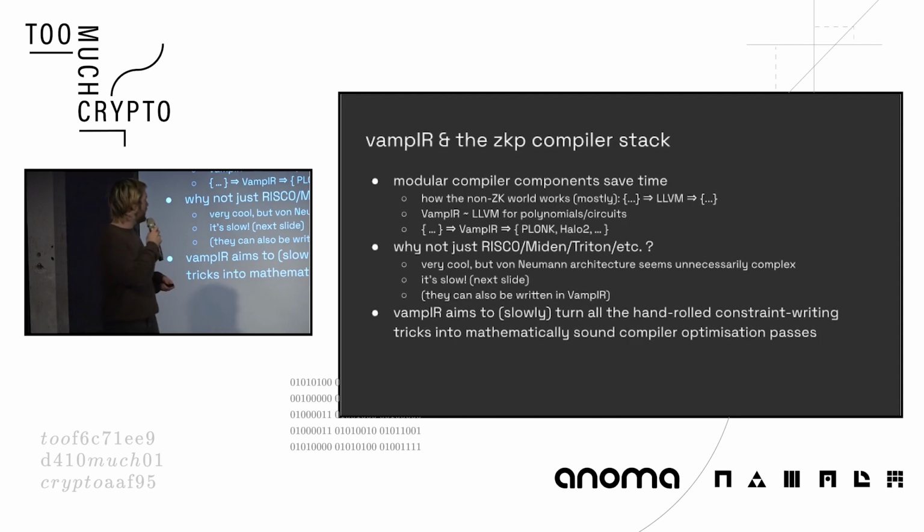Vampire is like LLVM for polynomials and circuits. So if you look at how the rest of the world, which does weird things with von Neumann architecture machines instead of cryptography, works, there are a bunch of languages, they compile to LLVM, and then LLVM compiles to all of the actual architectures, roughly, to summarize things. In our case, we are interested in cryptography, which operates over circuits, and those circuits, like Plonk and Halo 2, different kinds of Starks, have different specific characteristics.